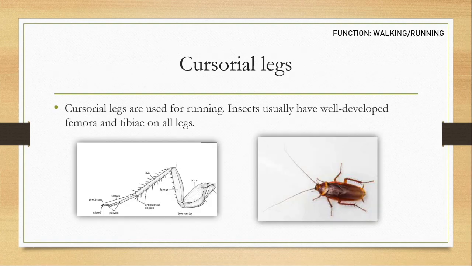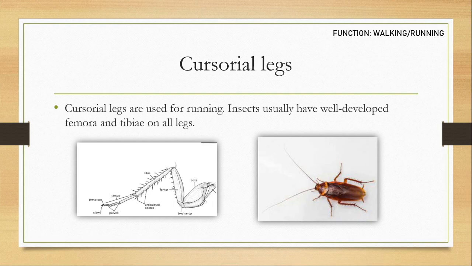Now, let's talk about different types of insect legs and their functions. The first type I'm going to talk about is the cursorial legs. Cursorial means adaptation to running or walking very fast. Cursorial legs are seen in insects like cockroaches.